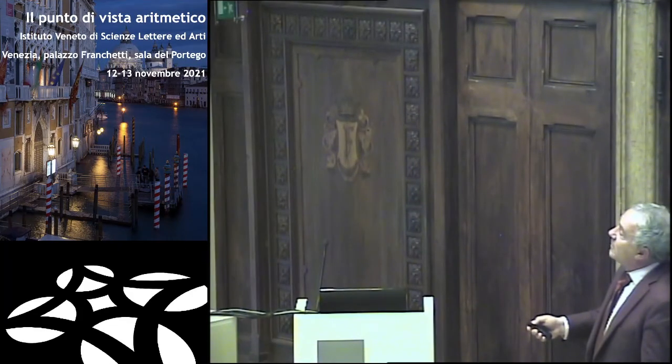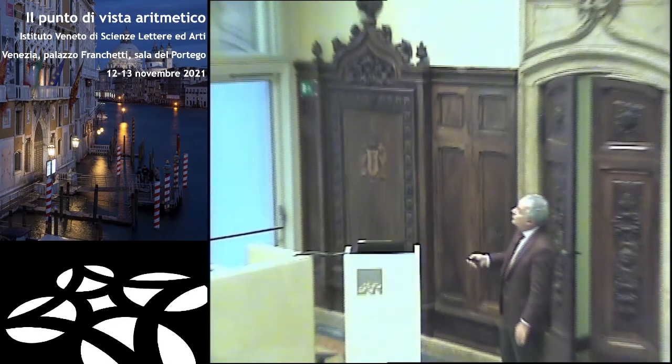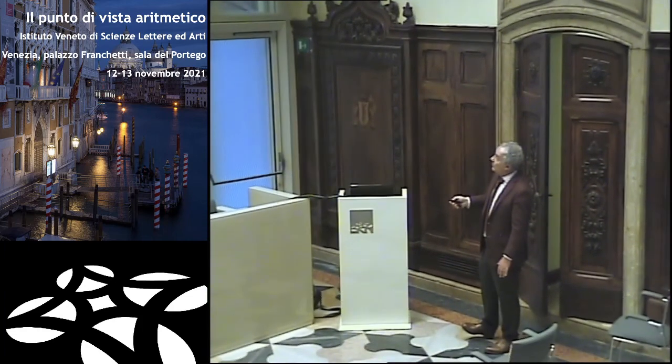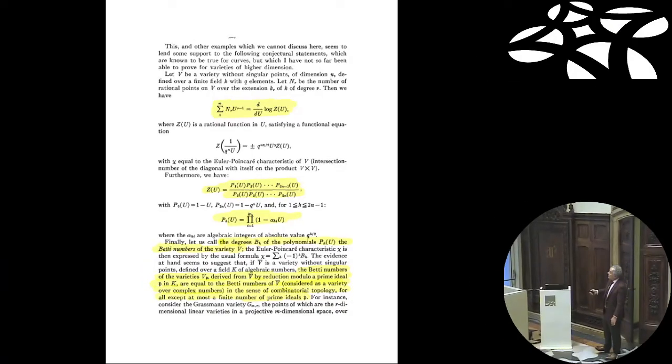It should be non-singular, okay? And he considered this function zeta, but if you think about it, it's the same as the one we saw, because you take the log of it, which removes the exponential, and then you take the derivative, which provides the denominator. So this is exactly the definition of the zeta function.